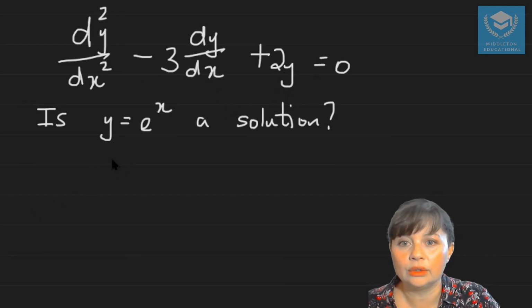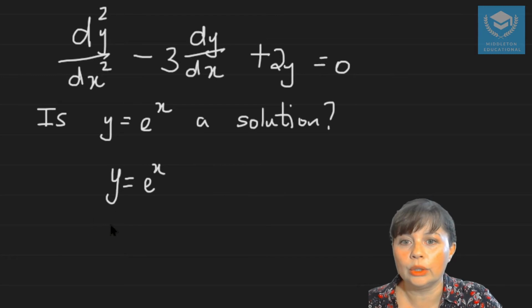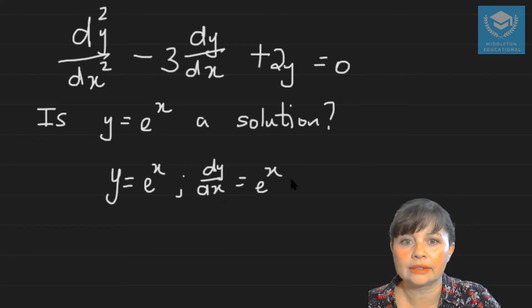So we know that y equals e to the x. We also know that dy/dx is also going to be e to the x, and so is the second derivative.